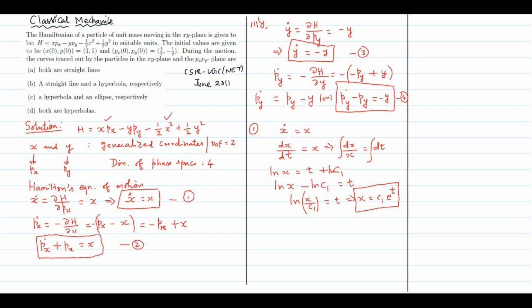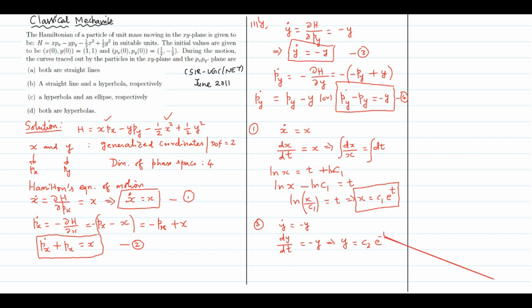Now we have another equation, equation number 3: y dot is equal to minus y, so dy by dt is equal to minus y. In the same way, if you solve, you will get y is equal to c2 e power minus t.